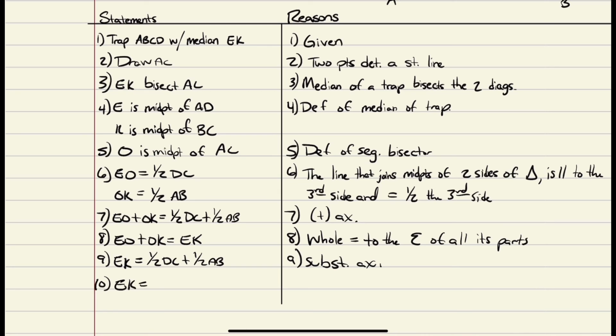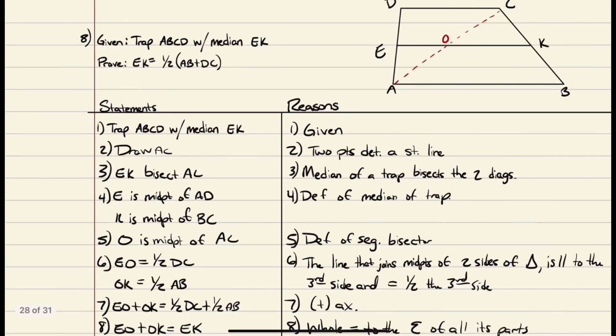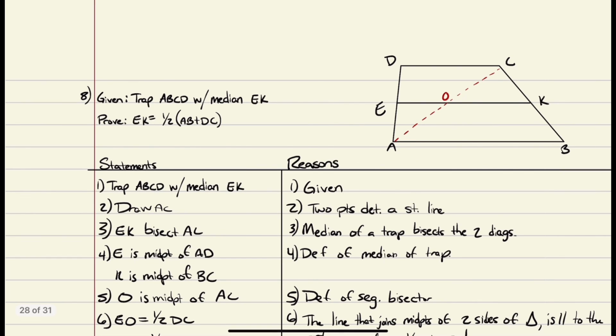Really 1/2 of the sum of DC plus AB. And that would be just simple algebraic simplification. And there we go. We just proved that the median of a trapezoid is equal to 1/2 the sum of the bases.